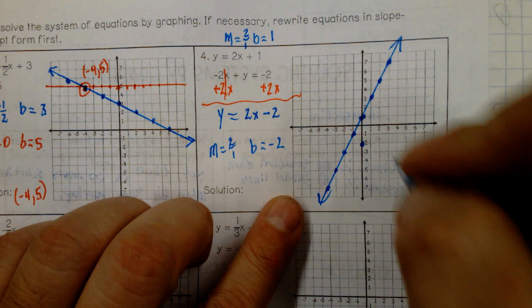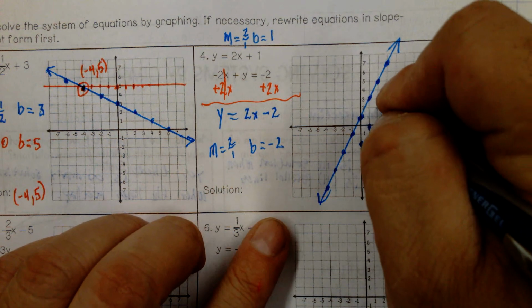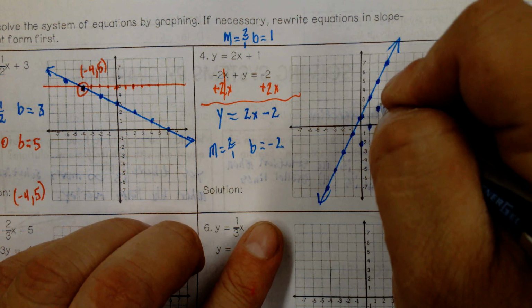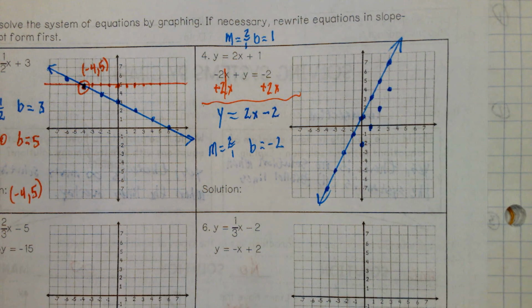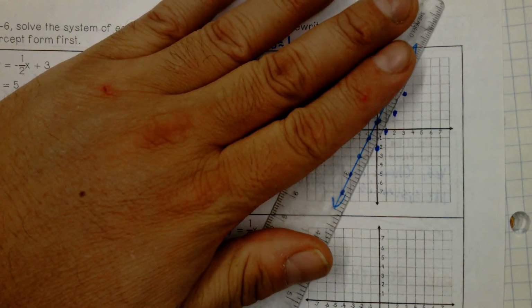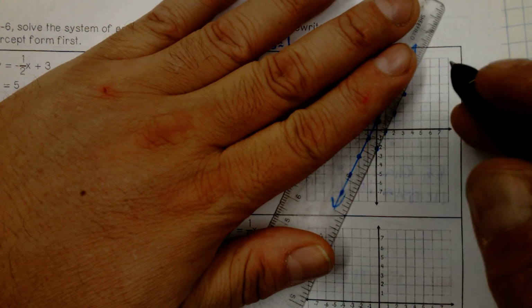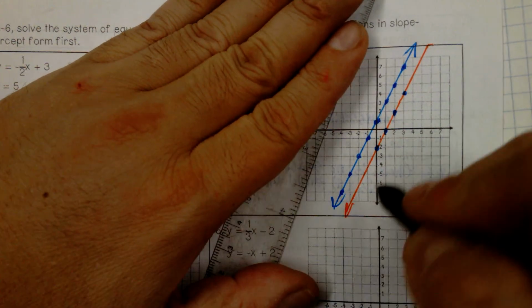Again, go up 2 over 1. What do you notice is happening? Yeah, the lines are parallel. And so since the lines are parallel, they will never touch. Since they never touch, no solution.